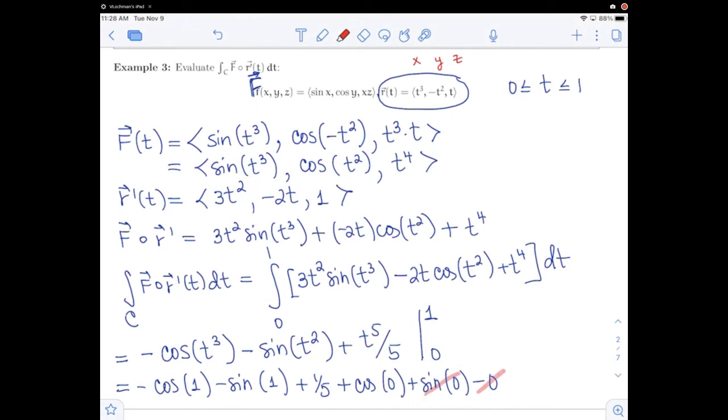So what is our final answer? 1 plus 1/5 is 6/5, and then we get negative cosine of 1 and minus sine of 1. Keep in mind, that 1 is 1 radian, so it's not a table value. It doesn't turn out to be anything nice, but we'll keep it as is: 6/5 minus cosine 1 minus sine 1.